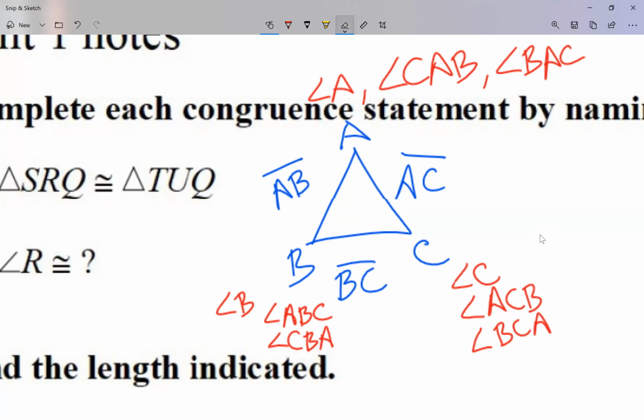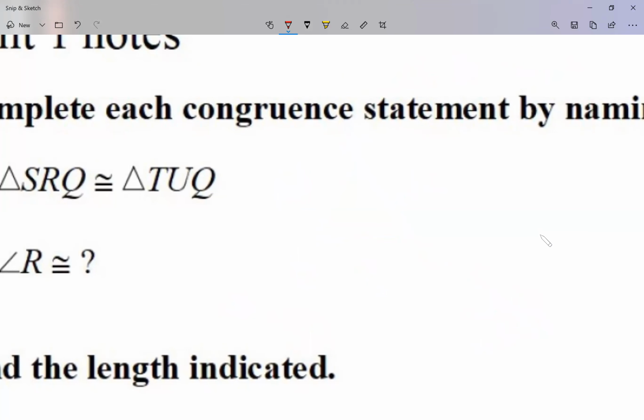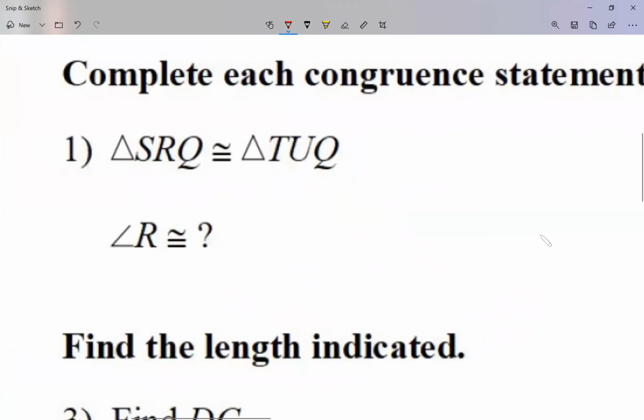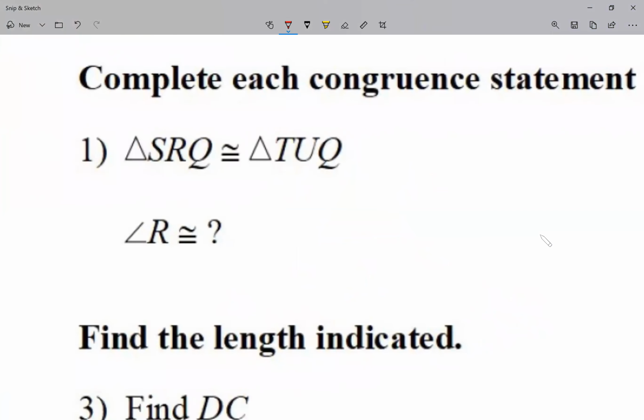All right, so let's see. Here, question number 1, I'm giving you guys something. I have triangle SRQ is congruent to triangle TUQ, and I want you to complete the statement, angle R. Now, notice how the letter R is in the center of my first triangle.